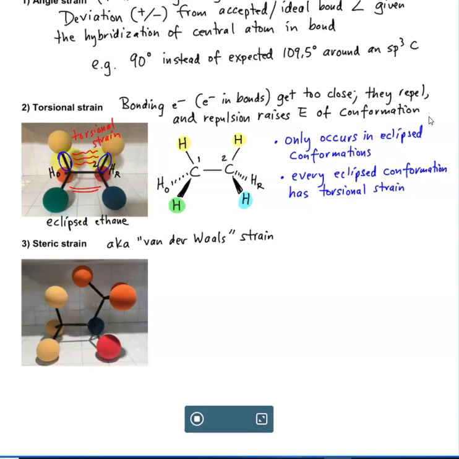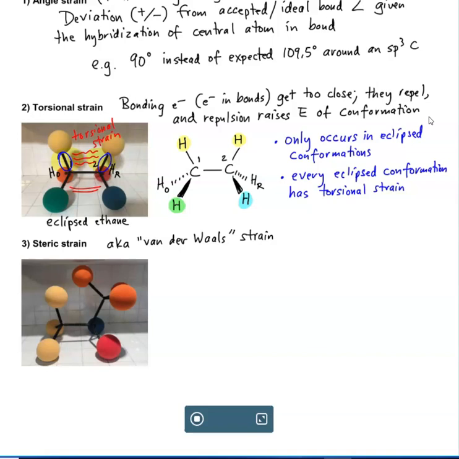And those weak attractive forces give rise to what we would think of as the intermolecular forces. So things like dipole-dipole interactions, dipole-induced dipole interactions, London dispersion forces, and so on. But you also remember that if you start getting things too close to one another, that's when repulsions start occurring because of the electron clouds in one group repelling the electron clouds in the other group. So the same thing can happen within molecules.